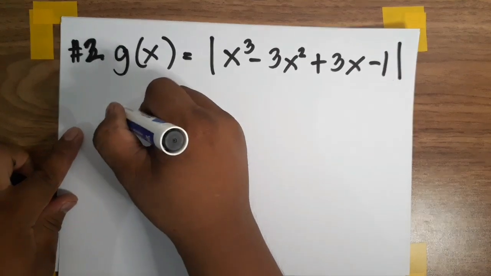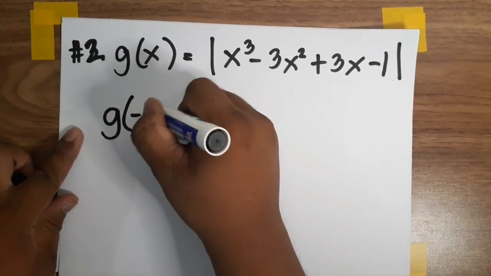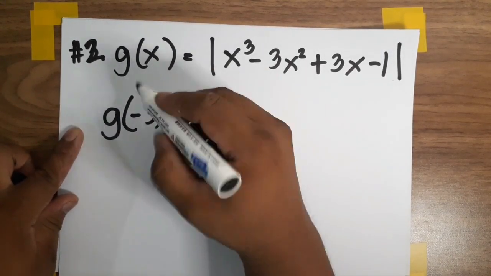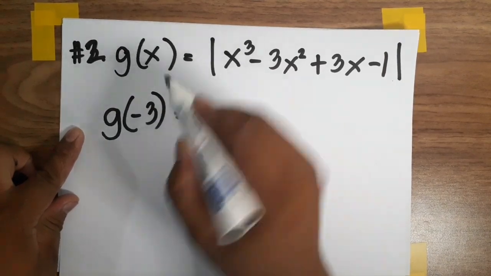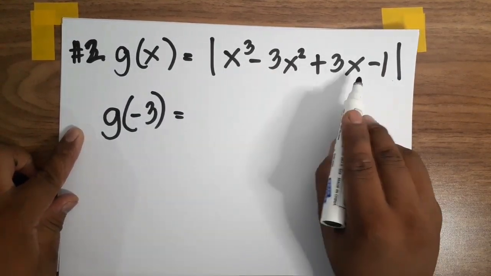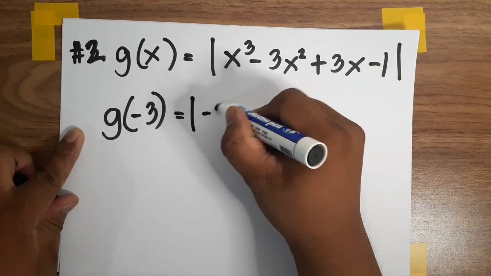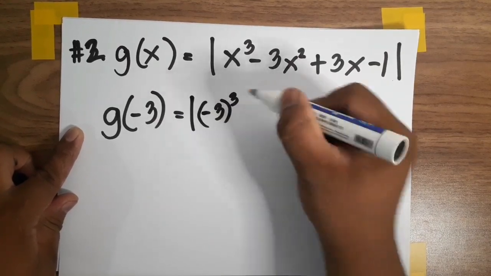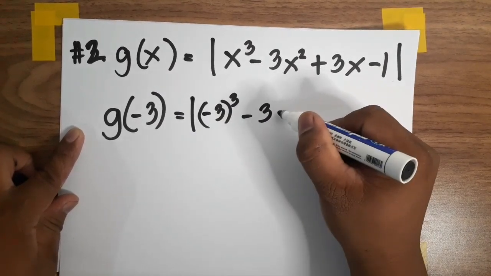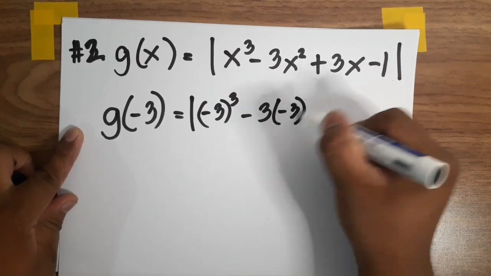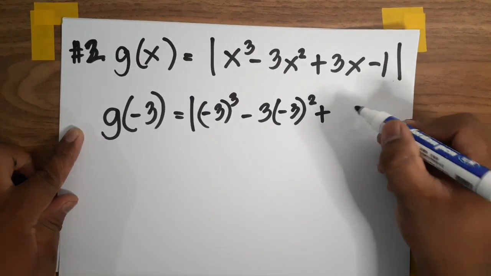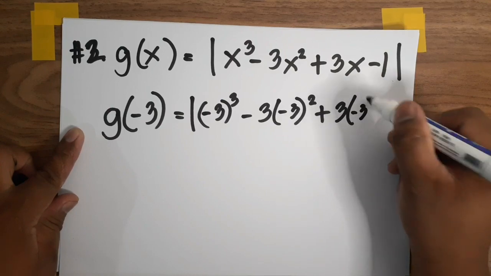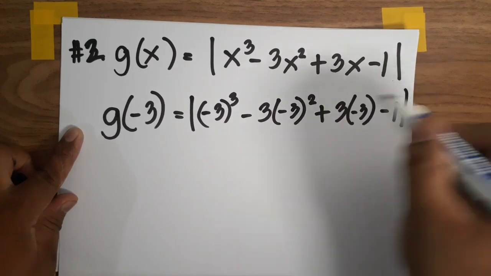Let's say we're going to solve for g of negative 3. All x here we replace with negative 3. So that is the absolute value of negative 3 cubed minus 3 times negative 3 squared plus 3 times negative 3 minus 1.